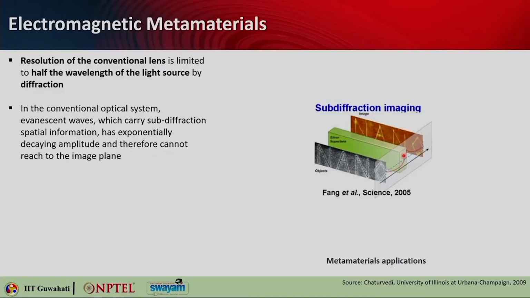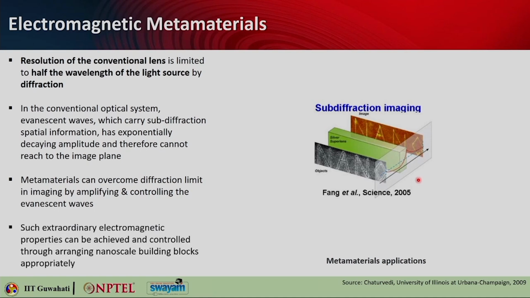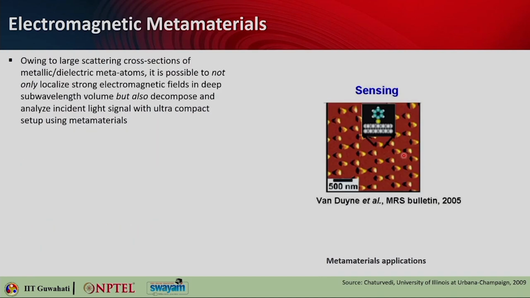But if you have a metamaterial that can amplify your evanescent field and control them, that can help you image this particular information over a distance. There was a paper in 2005 showing that sub-diffraction imaging is possible using metamaterials. And all these things you can achieve by choosing the building block properly.